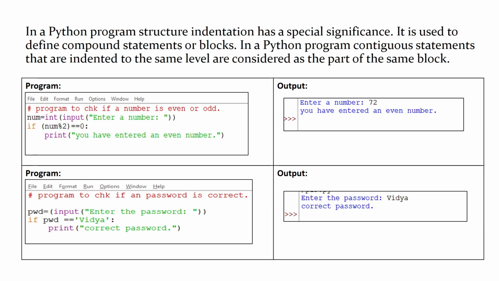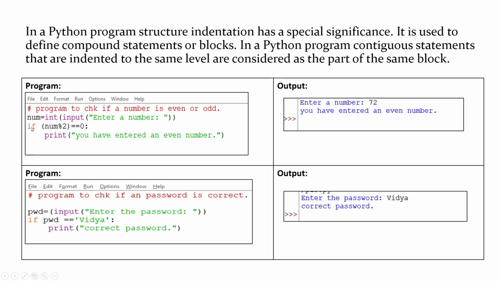It is used to define compound statements or blocks. In a Python program, contiguous statements that are indented to the same level are considered part of the same block. Now, what is meant by indentation? It is the space left between the text and the beginning of the if. This space is called indentation.